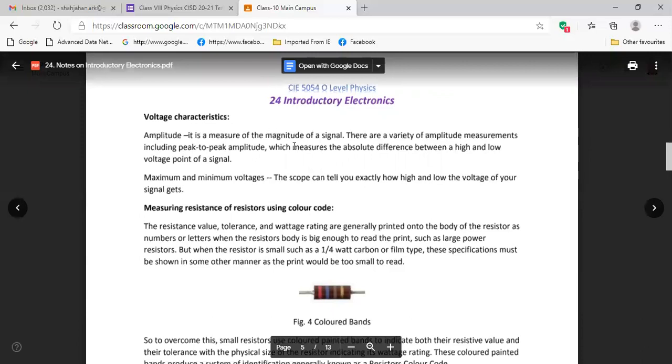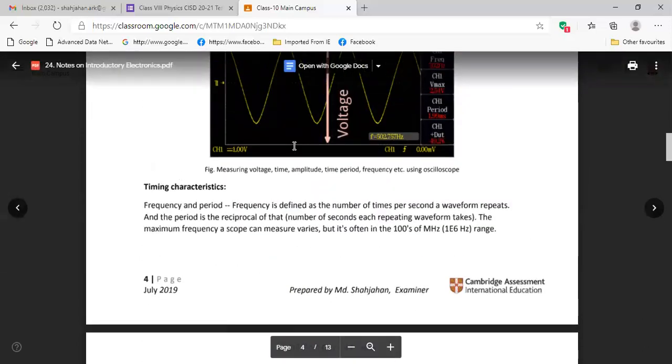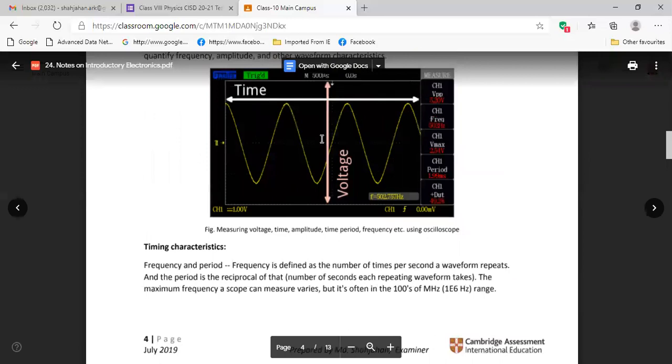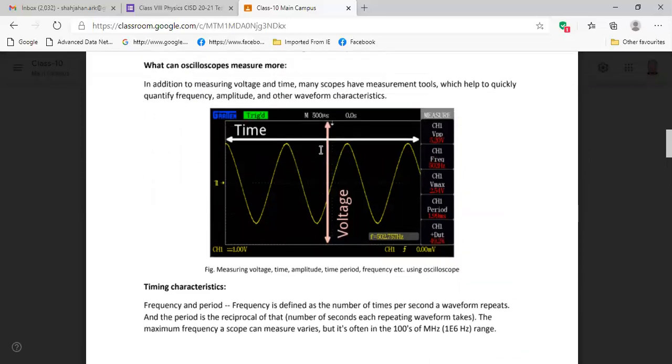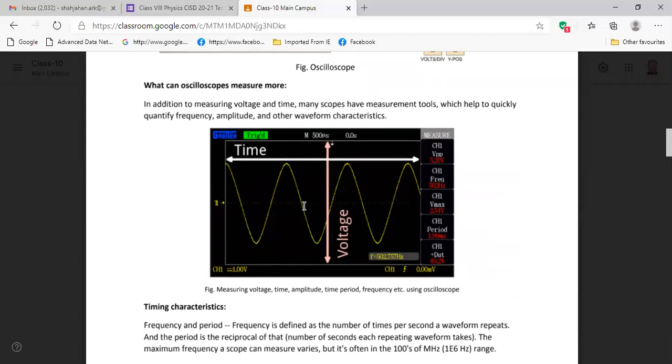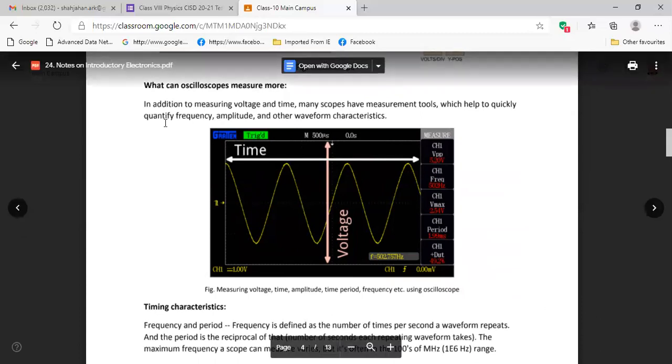For alternating current, we have positive and negative voltage, isn't it? The lower part is negative and the upper part is positive. So amplitude, from where are we calculating it? From the middle, isn't it?